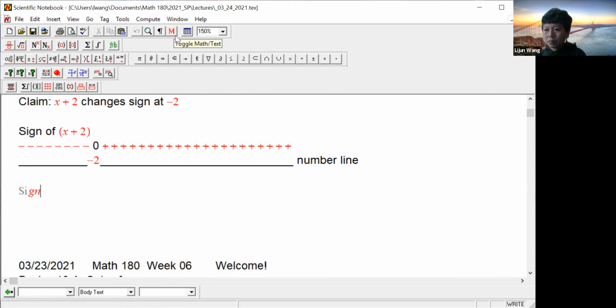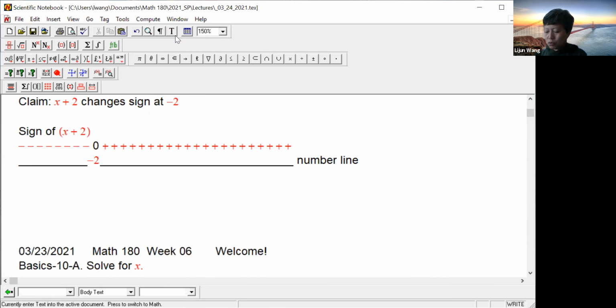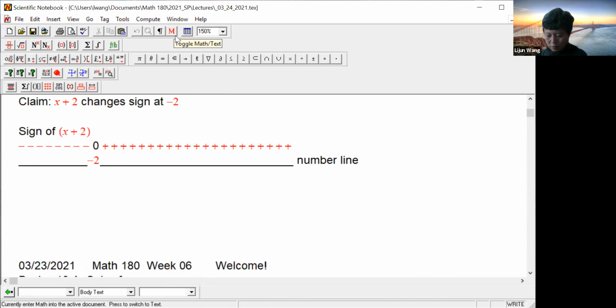Can you draw a picture about the sign of x minus 3? You guys understand it, right?